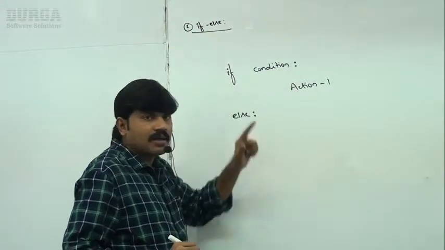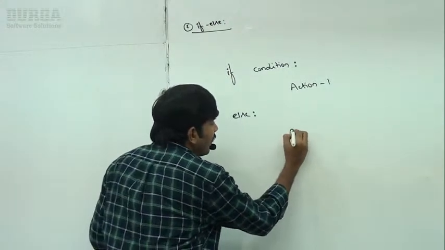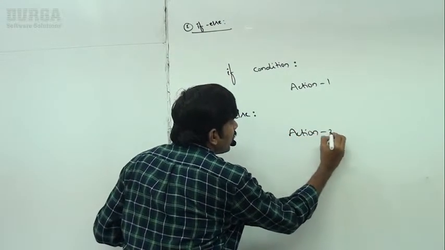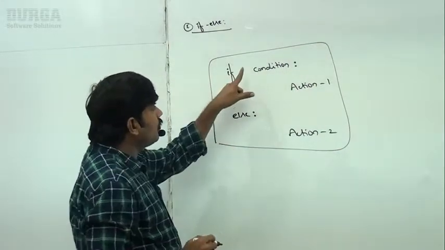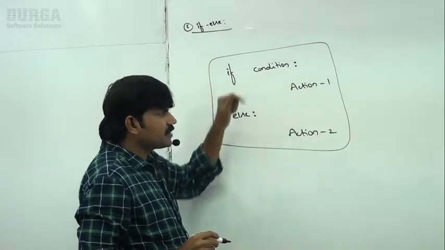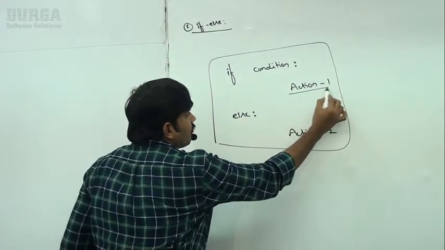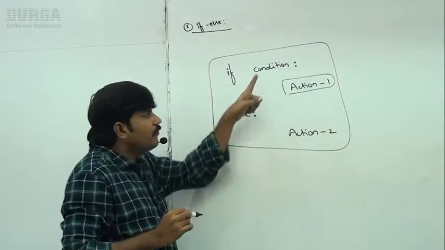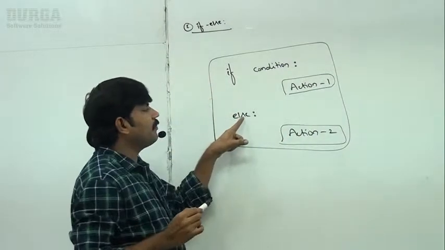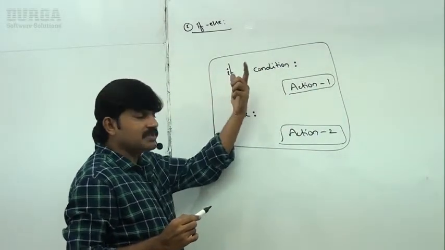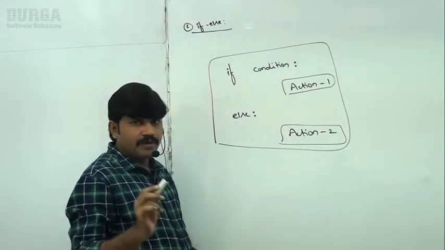This is the if block. Else colon, action 2 we have to do. Take very special care. If this condition is satisfied, action 1 will be performed. If this condition fails, action 2 will be performed. Remember, else means if this condition fails, then action 2 will be performed.